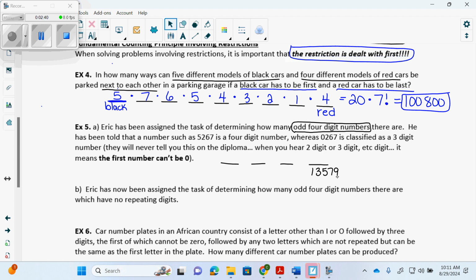Which is 5 options. So I put the 5 up here. The 5 doesn't represent that I'm actually having a 5 in that blank, correct? We talked about this yesterday. That 5 represents how many options I have. So this 5 represents that there are 5 options for this blank, for this position.